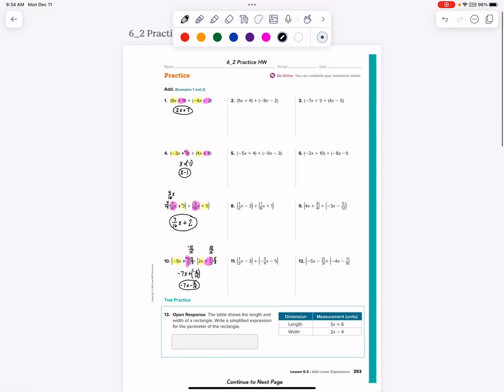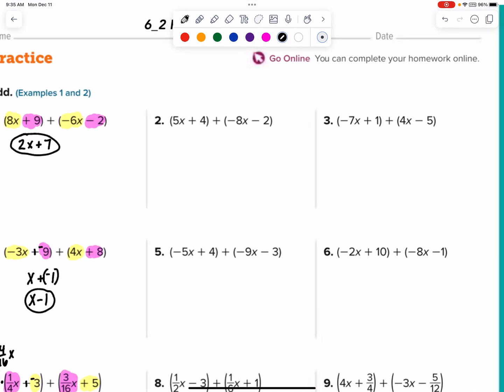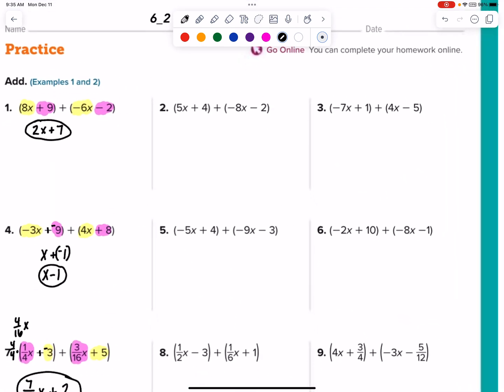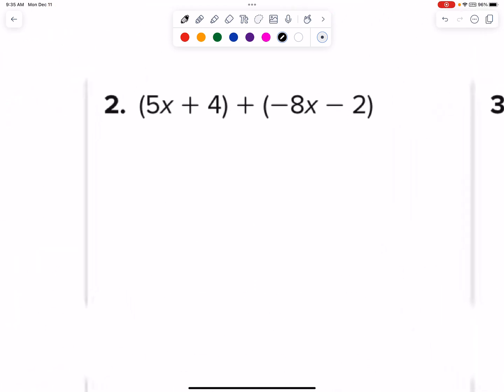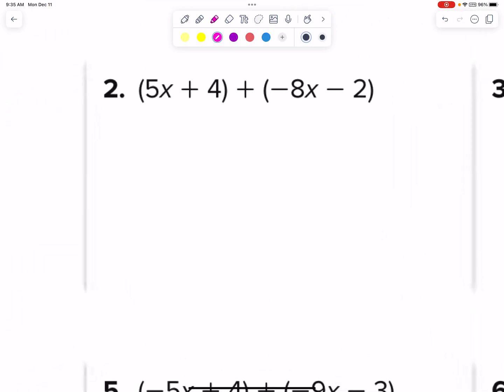Okay. All right. Let's go ahead and we'll do 2 more together on here just to make sure you're good. And we'll do 1 on the top here, number 2. Nice simple one. 5x and a -8x. We also have a +4, and if we KFC this, a -2.